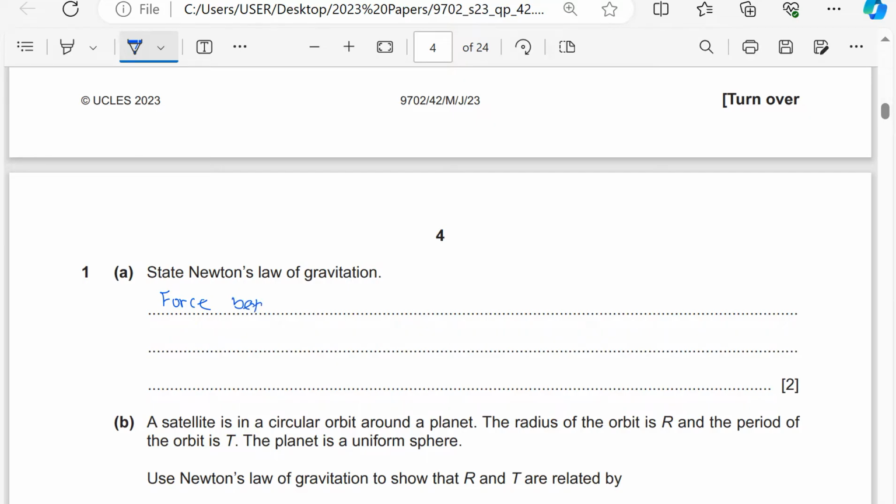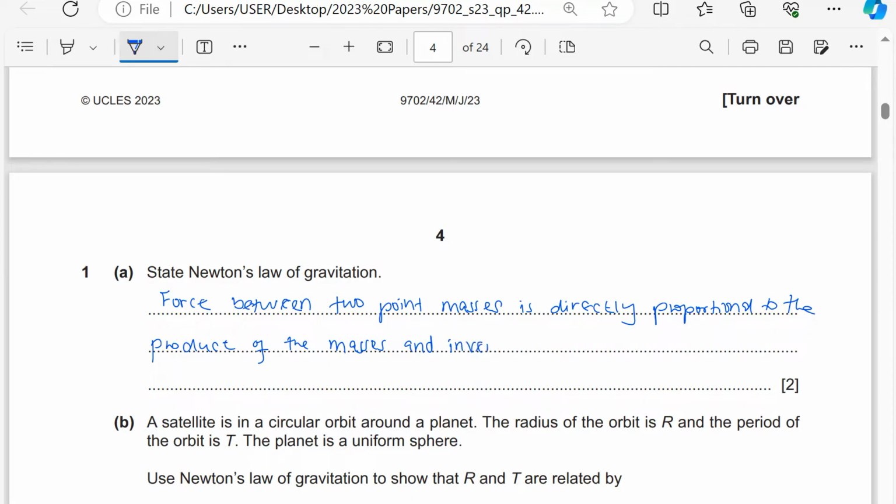So the force between 2-point masses is directly proportional to the product of the masses and inversely proportional to the square of their separation.